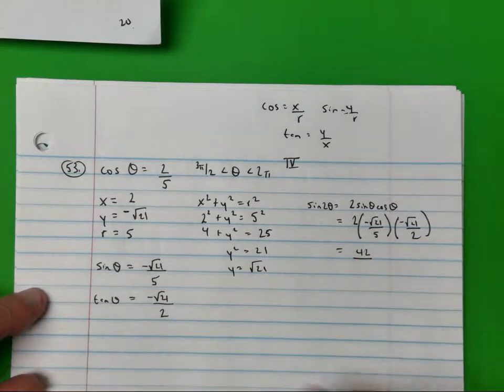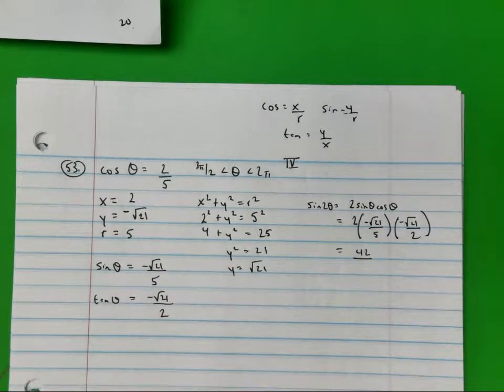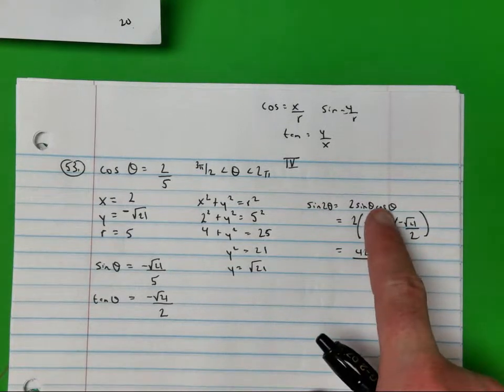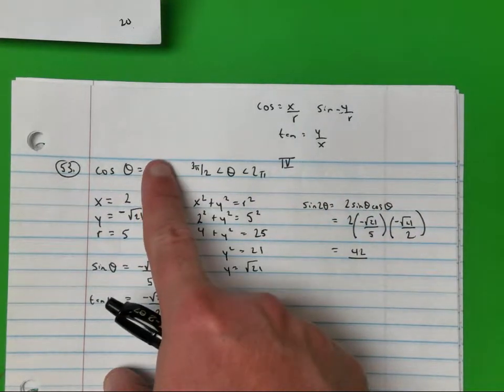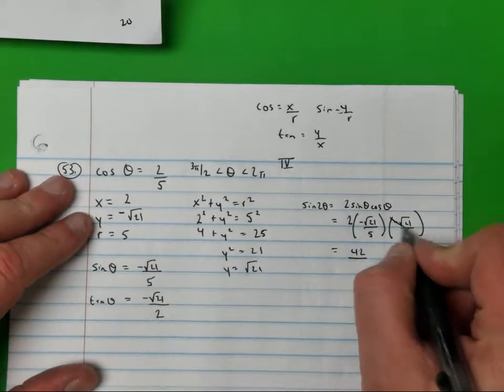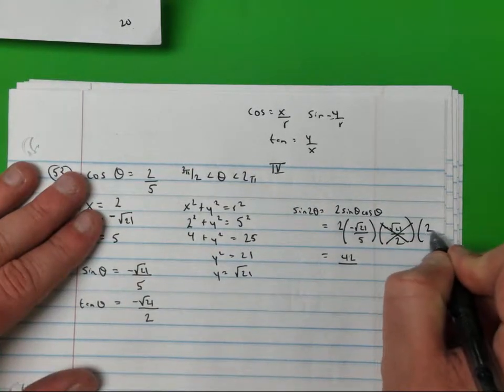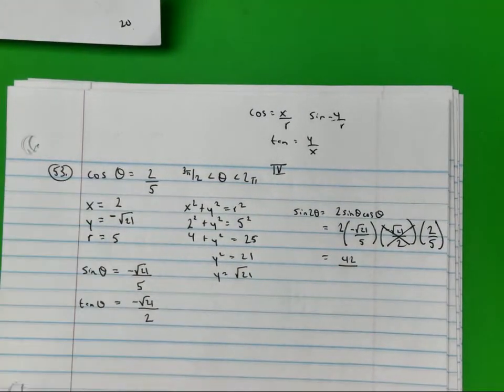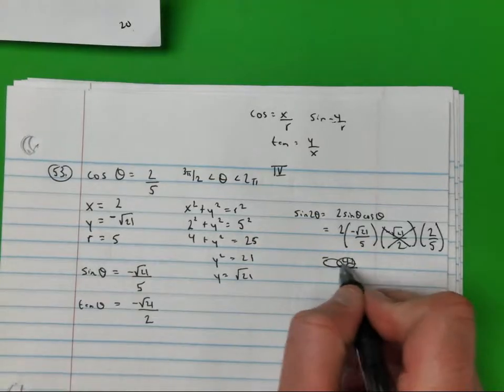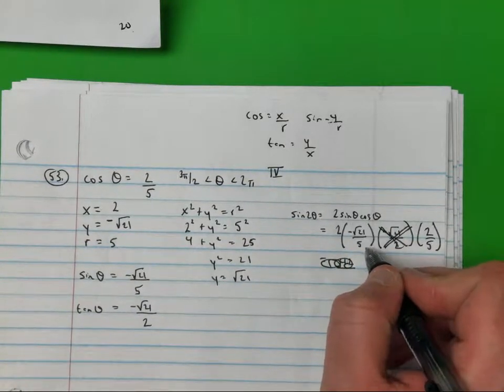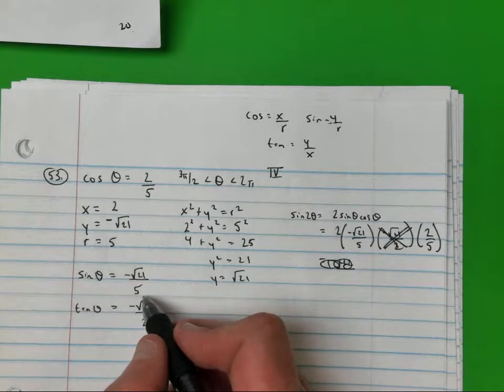Oh, no, that's right. What is cosine theta equal to? It's equal to 2/5. So this should be 2/5. Sorry about that. Sine theta is negative square root of 21 over 5.